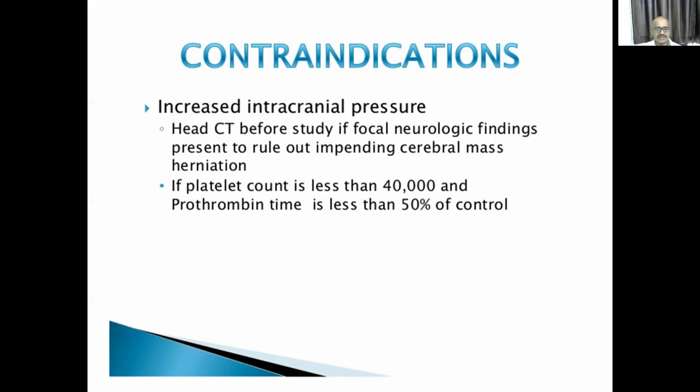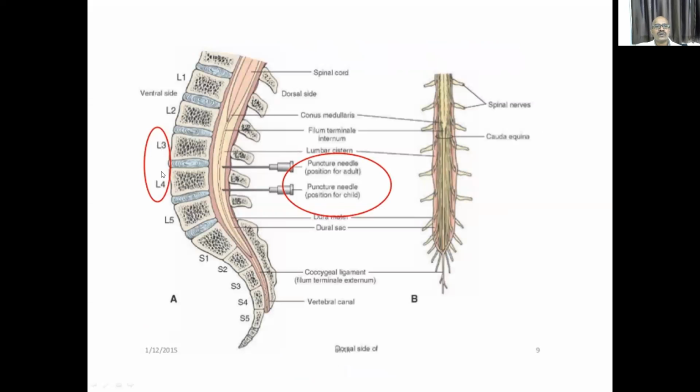So what is the exact site where the lumbar puncture is done? It is usually done at the level of L3 and L4 in the intervertebral space. Sometimes L4 and L5, the intervertebral space between L4 and L5, is also used.